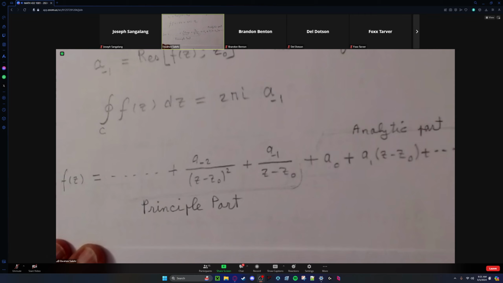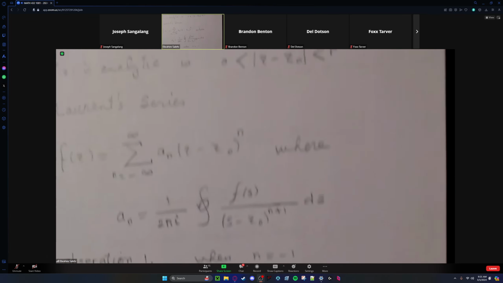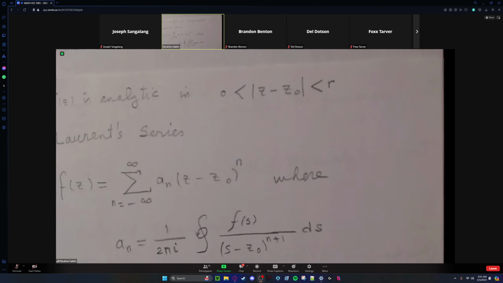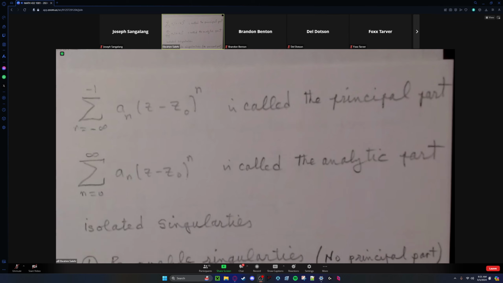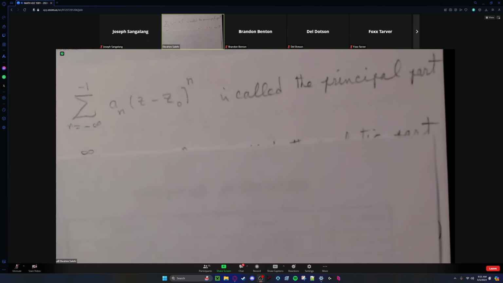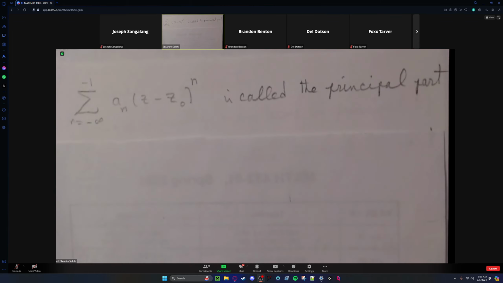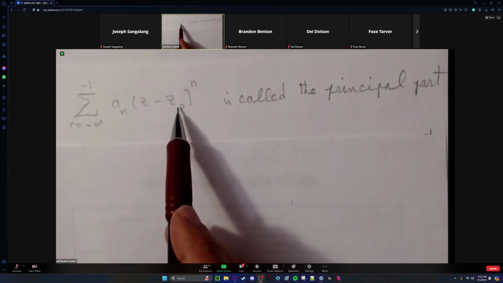Okay, good. Remember, I said I want to classify those singularities. So we will concentrate on the principal part, the part that has all the negative exponents of z minus z naught.